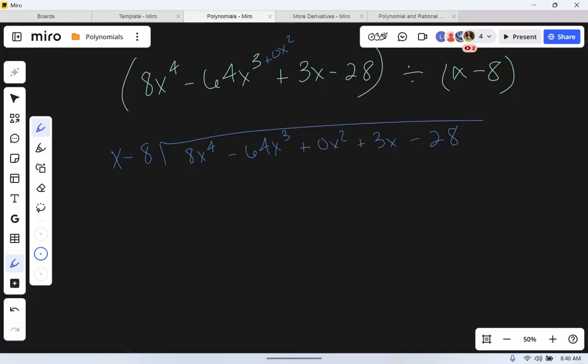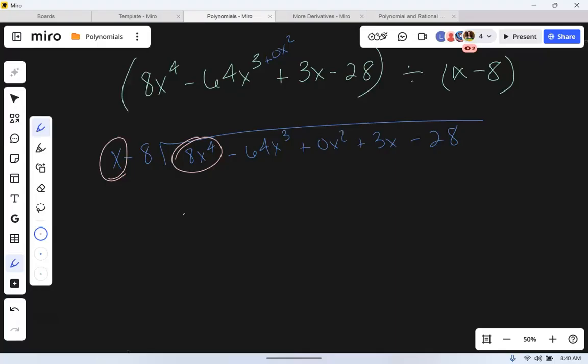All right. Somebody tell me my first step to do here. Thank you, Ryan. Yes, you're exactly right. How many times does x go into 8x to the 4th? Or what do I need to multiply x by to get 8x to the 4th? 8x cubed, right?